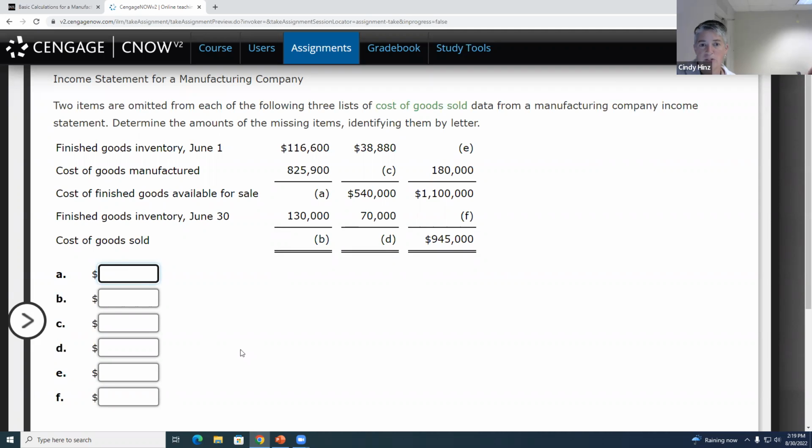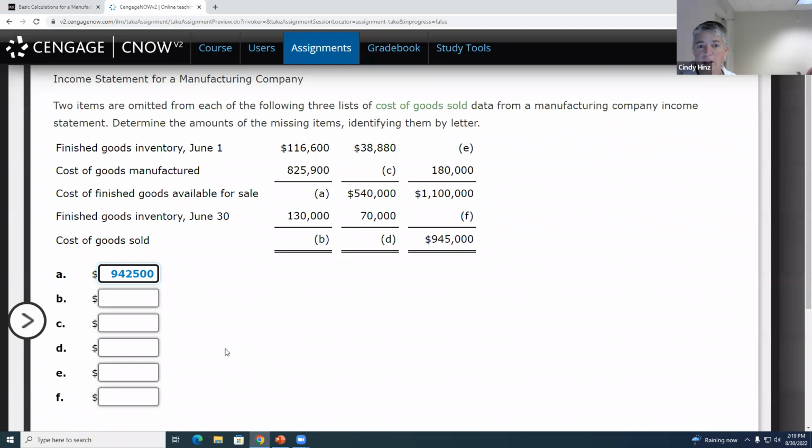So we start with finished goods inventory. So that's how much they had at the beginning of the month, $116,600 worth of finished goods available for sale to their customers. During the month, they continued to make additional merchandise, and they added to that finished goods inventory $825,900 worth of inventory.